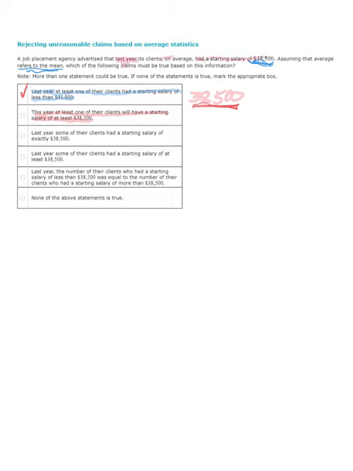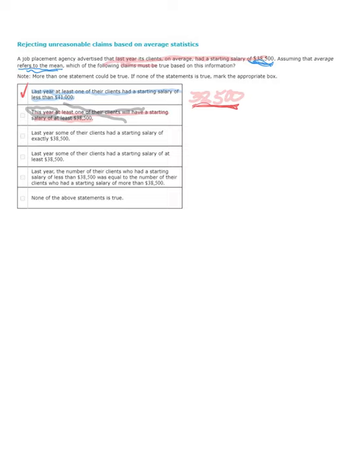So everything we're reading up here is dealing with last year, and we can't make a claim about this year. So this can't be true because it's talking about this year and not last year. That's something to look for in all of these. If they're talking about a different year, you're not able to make a claim based on that. All right, let's go to the next one.